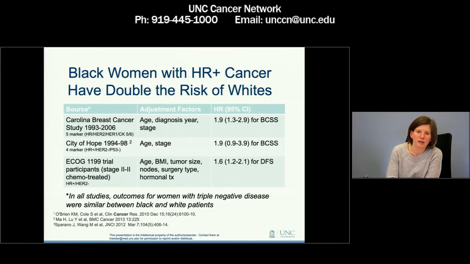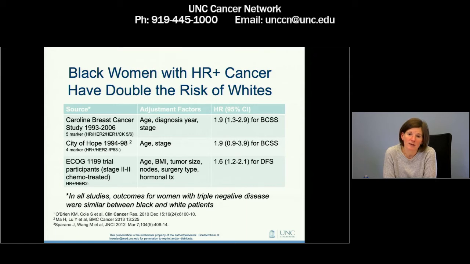So there have been various studies that confirm this observation, and they've come from all kinds of different data sources. So in the Carolina Breast Cancer Study, which is a large population-based study based here at the University of North Carolina, whether you look at City of Hope, which is a very large single institution cancer center in California, or even if you look at clinical trial participants in large national clinical trials, we see a consistent story, and that is that Black women with hormone receptor positive cancers have about double the risk of dying of that particular cancer compared to whites.